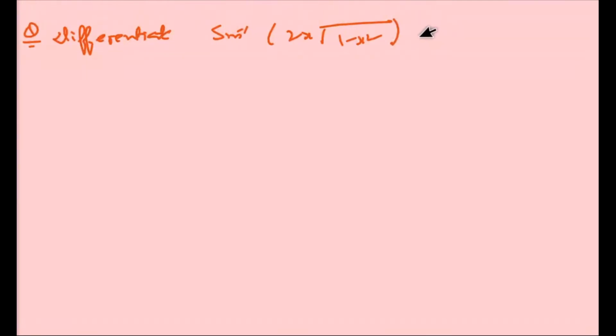One more question I'm going to explain to you. Differentiate sine inverse 2x under root 1 minus x square with respect to x.